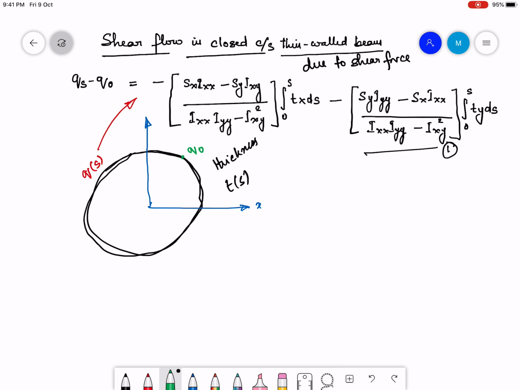I just make this assumption. The shear flow at an arbitrary point on the cross section is considered to be Q0.